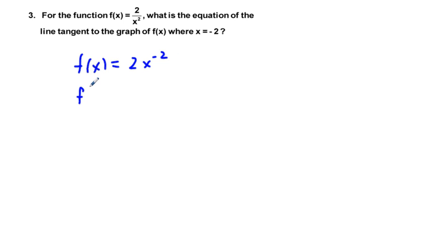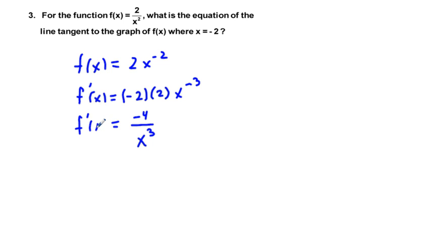And so f prime of x is equal to -2 times 2, and we have x to the -3 power. So we use the power rule, multiply by -2, and then subtract 1 from that exponent of -2. So we have -4 over x cubed. That's going to be f prime of x.